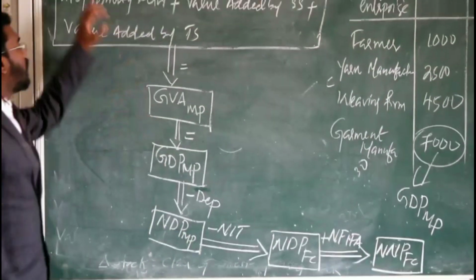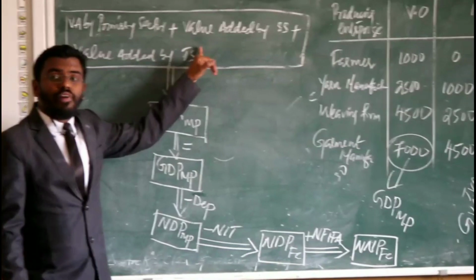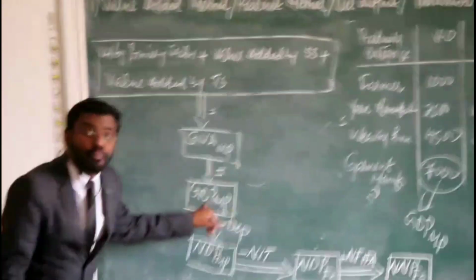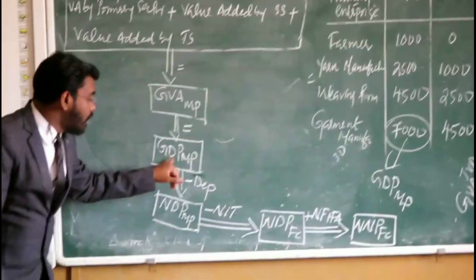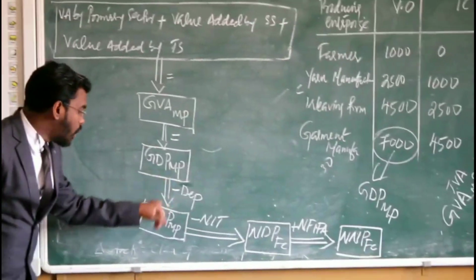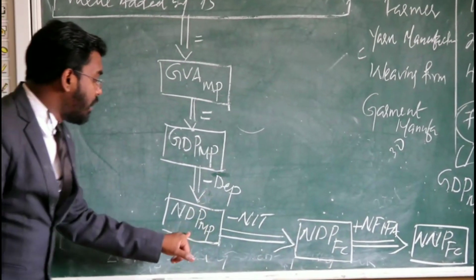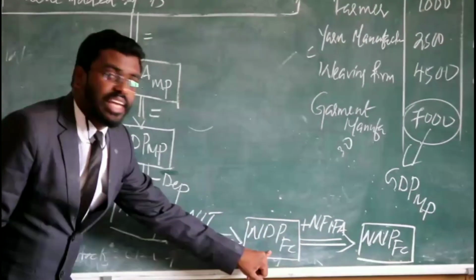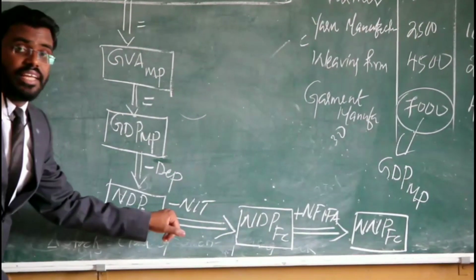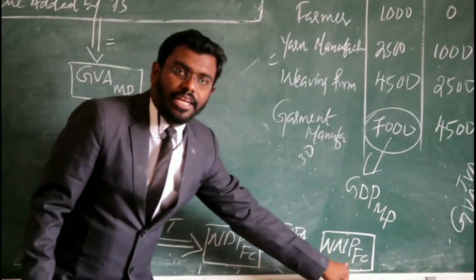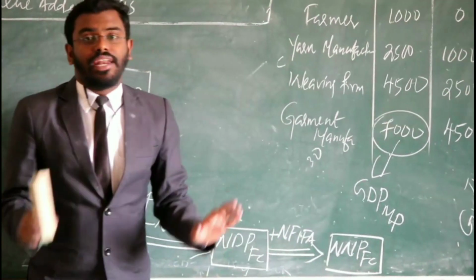So listen carefully. Firstly, we need to add value added of each and every sector. Then we will get GVA-MP. That GVA-MP is equal to GDP-MP. From this GDP-MP we can calculate NDP-MP by subtracting depreciation, and from this NDP-MP we can calculate NDP-FC by subtracting NIT, and from this NDP-FC we can calculate NNP-FC by adding NFI-FA.